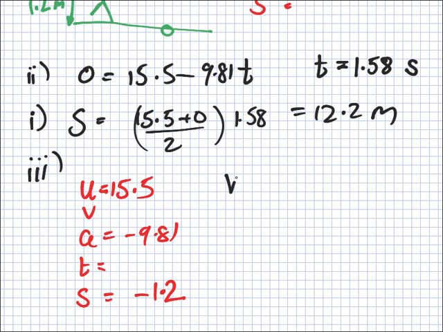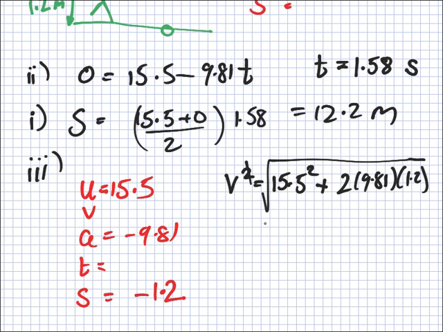So V squared equals U squared plus 2AS. The A is negative and the S is negative, so together they're positive. So plus 2 times 9.81 times 1.2, and then the V is the square root of that.